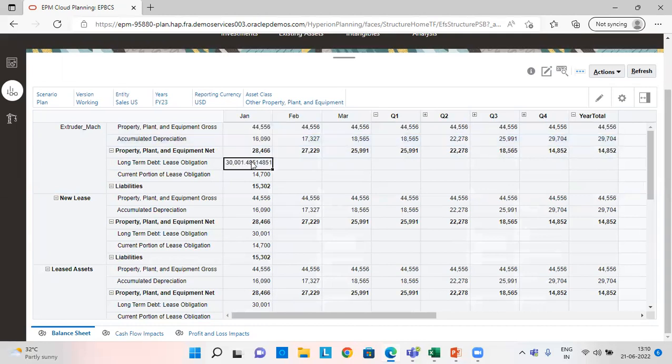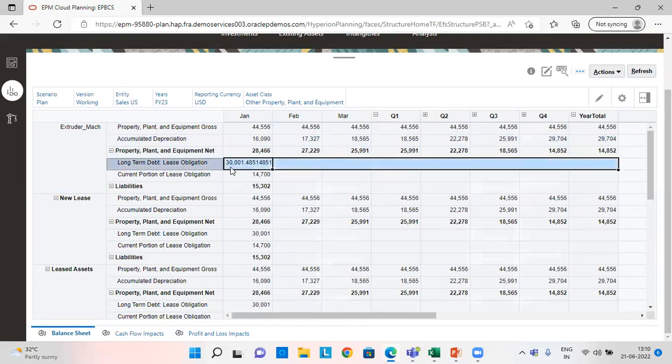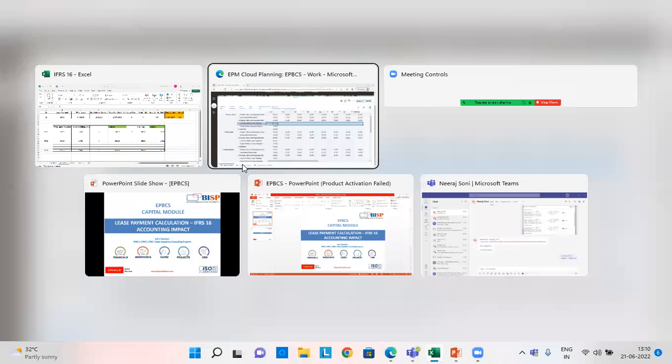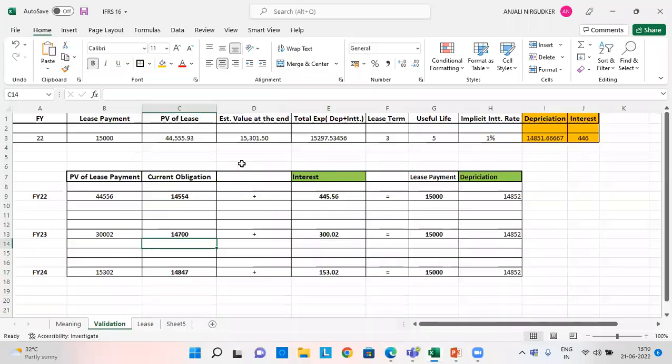Here we can see that our long-term debt has decreased to 30,000. How is this calculated? Let's check in our validation sheet. This is because we have already made the payment of 14,554 in FY22. So we subtract the current obligation of FY22 from 44,556, the present value of the lease, which comes to 30,002.